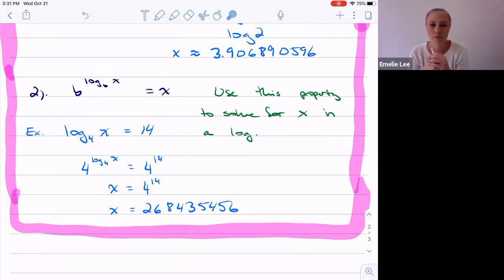Kind of tricky. We've got some examples coming our way. But the key is that you have to have the same base for both of these. So if it was log base 4 here, I have to use 4 as my base for my exponent on both sides.